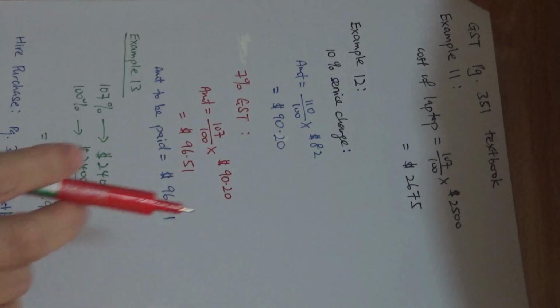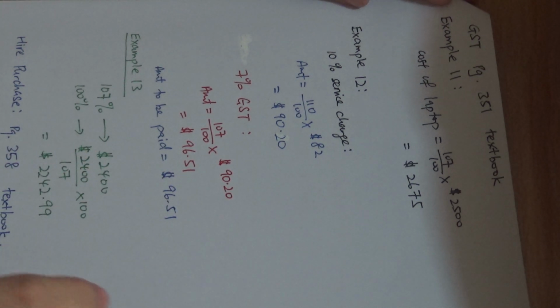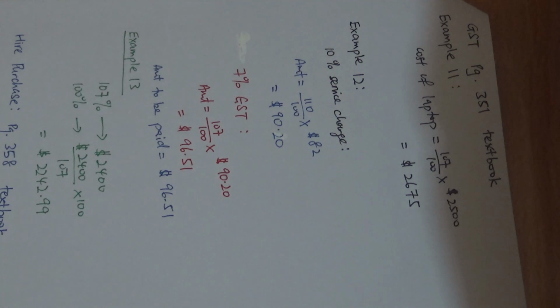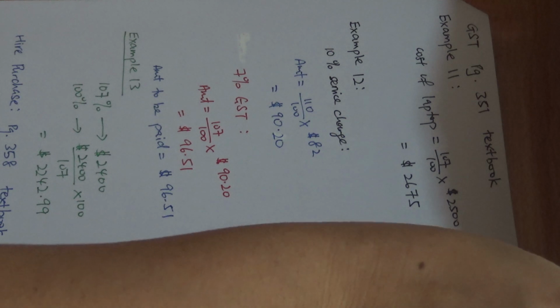Now the GST rate is determined by the Singapore government and may vary over time. All goods purchased in Singapore are subjected to 7% GST, while all services provided are subjected to 10% service charge.